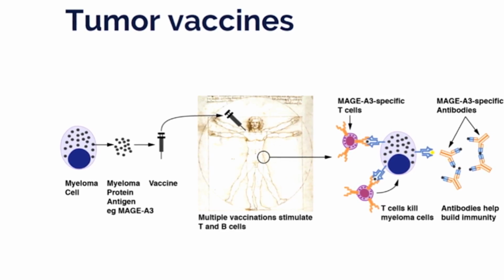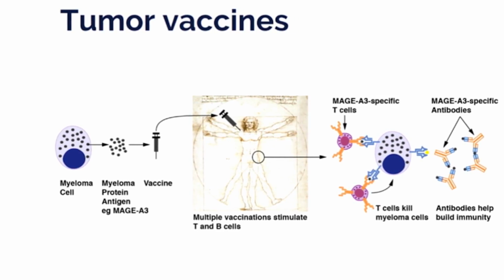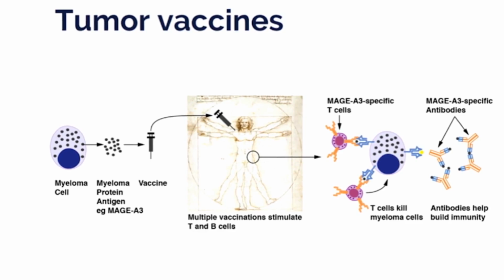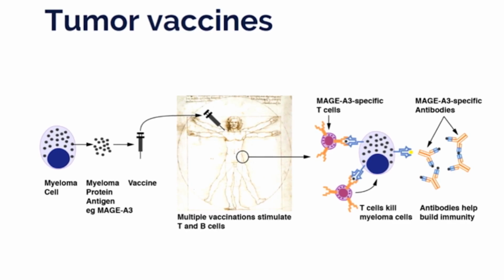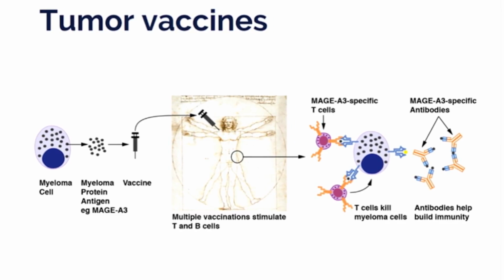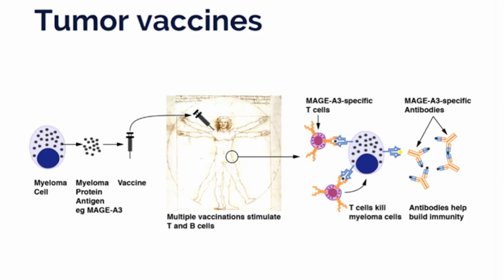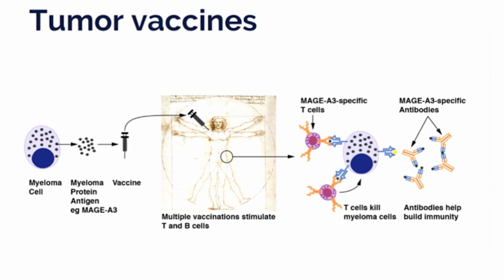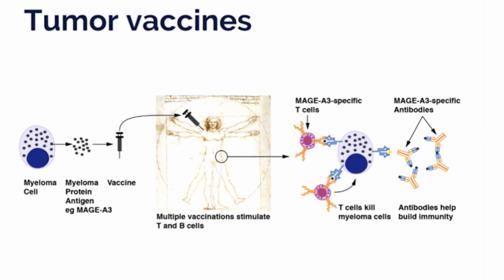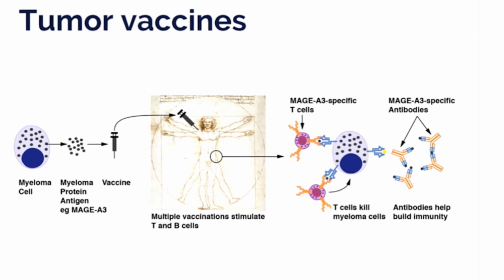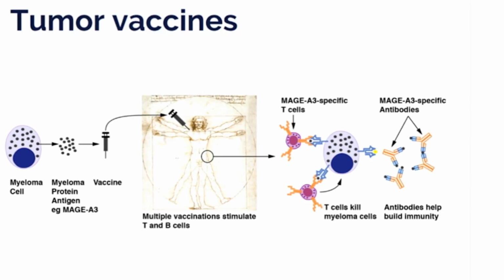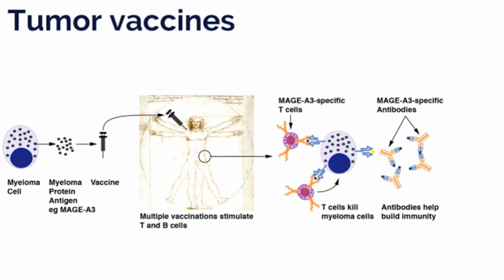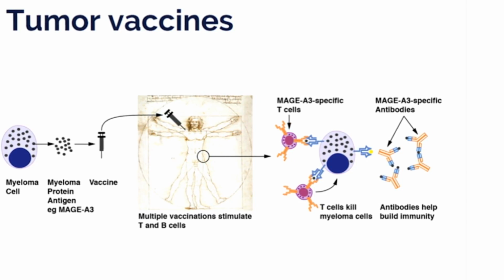So we can make vaccines out of MAGE-A3 or other tumor-associated proteins and use them to vaccinate patients who have cancer. And those patients will mobilize immune responses from T and B cells. And the T cells, as depicted in the right hand of the cartoon, MAGE-A3 specific T cells can kill tumor cells that express MAGE-A3 and have it on their surface. And in addition, MAGE-A3 specific antibodies can help bind up that tumor protein and amplify the immune response.